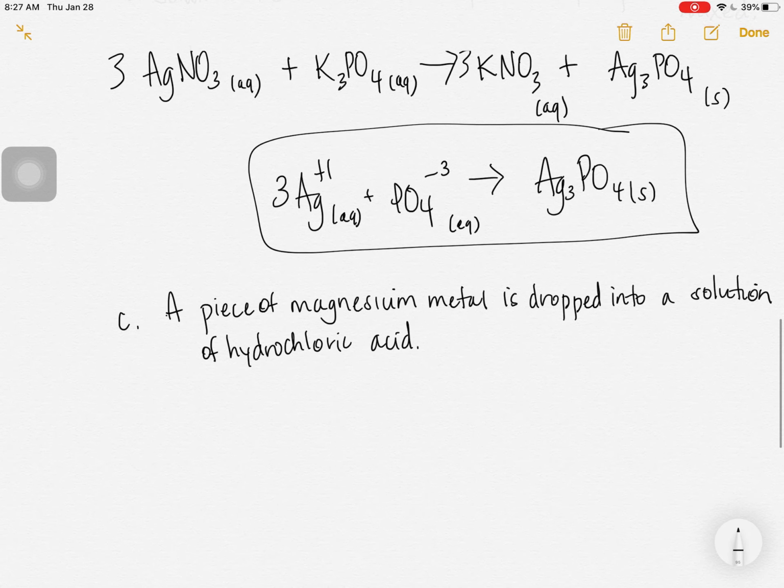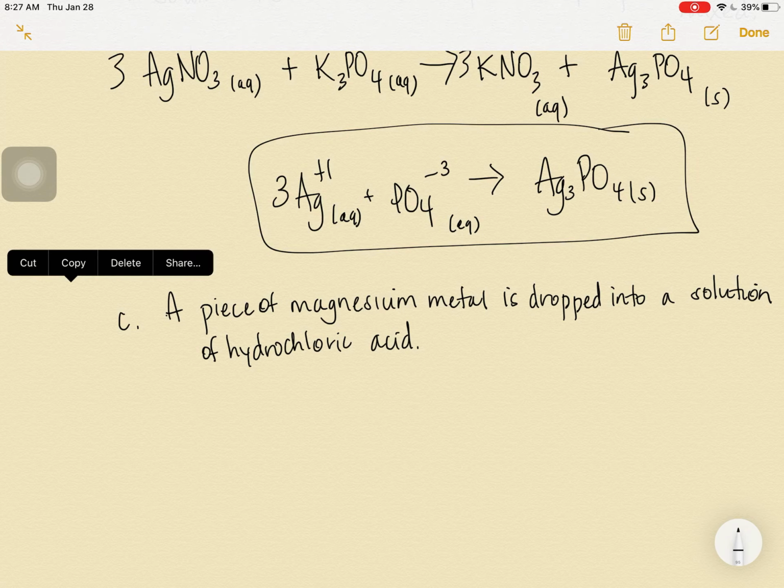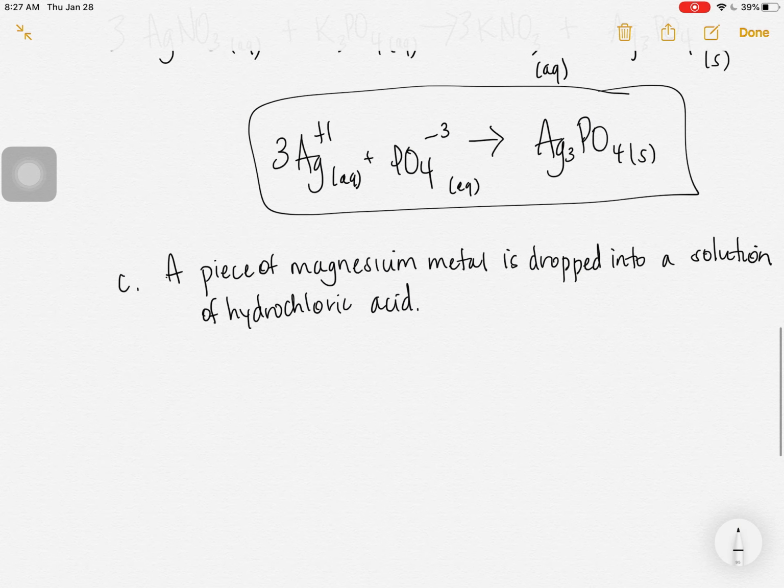But sometimes we encounter a situation like this, and this one's different. Okay, so C says a piece of magnesium metal is dropped into a solution of hydrochloric acid. So magnesium metal, that's a solid. Hydrochloric acid, H and Cl, +1 -1. A solution, it's aqueous. This is not a double replacement reaction.